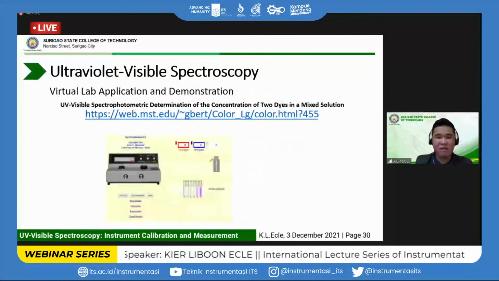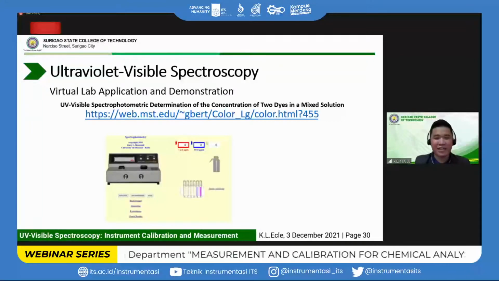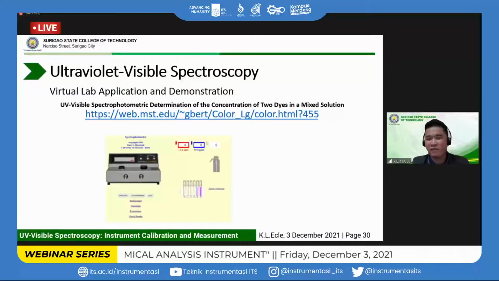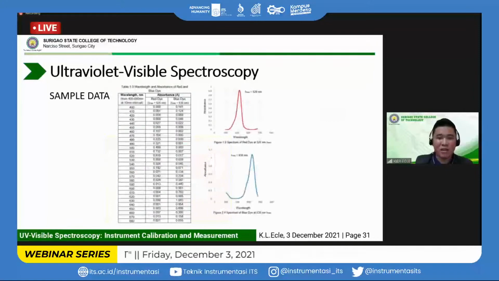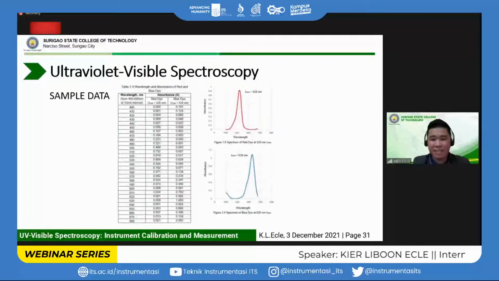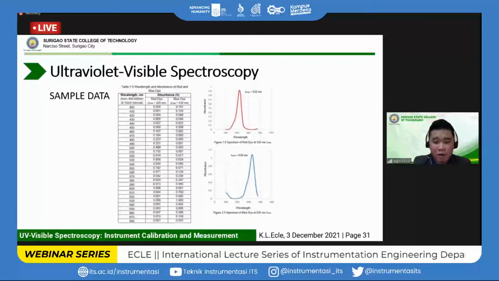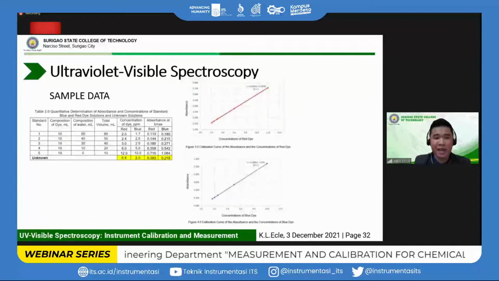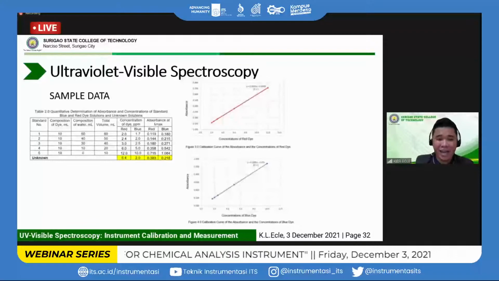I have here one more, but we don't have the time now to discuss this virtual lab. This is the UV-visible spectrophotometric determination of the concentration of two dyes in a mixed solution. These are the sample data. You have the spectral display based on the different wavelengths, and of course the calibration curve of the red dye and the blue dye.